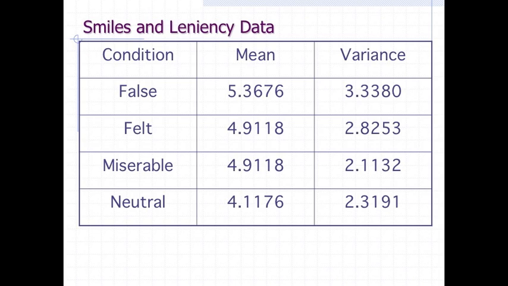The means and variances of the 4 groups in the Smiles and Leniency case study are shown in this table. Remember that there are 34 subjects in each of the 4 conditions: false, felt, miserable, and neutral. We will now use the data in this table to describe some ANOVA calculations.